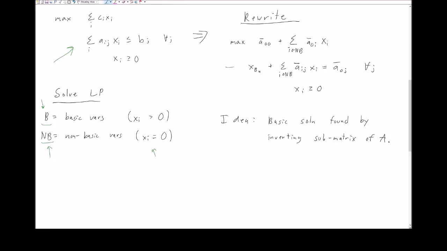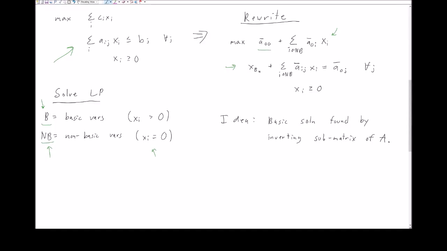In our rewrite, these equalities are our constraints. By doing this, we also can identify a new objective function where there's some constant plus all of the non-basic variables. Again, the details aren't important.